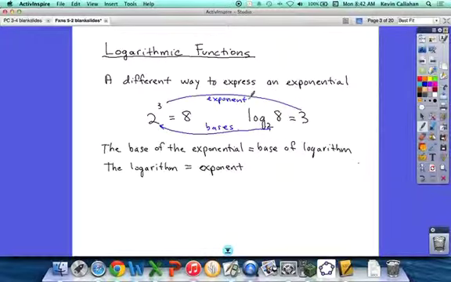Now, the thing that our exponential equals, 8, becomes the argument of the logarithm. An argument is just a general term for anything you put inside a function. I don't have a better name for that, but this is the argument of the function. Once you've put the 2 and the 3 in the right place, there's only one more place for anything to go. So the 8 goes inside the logarithm.